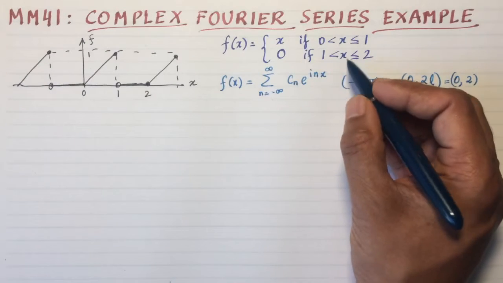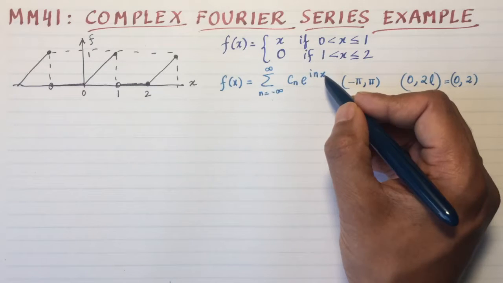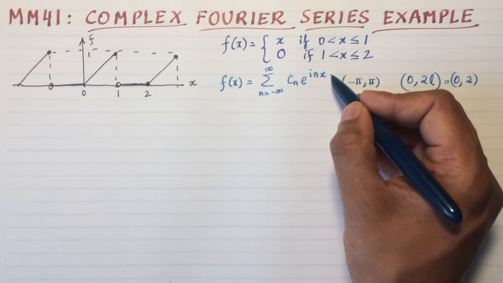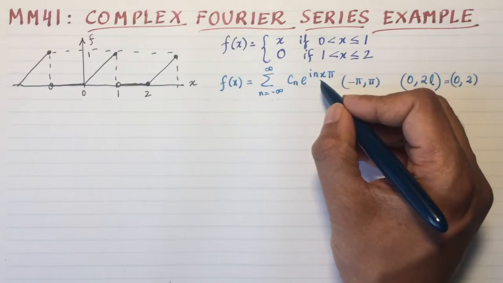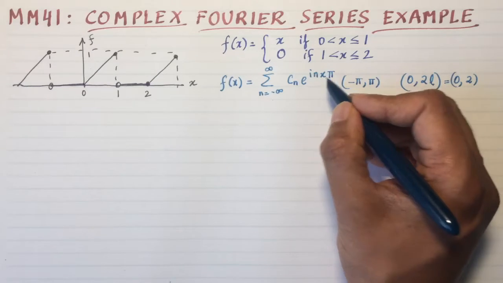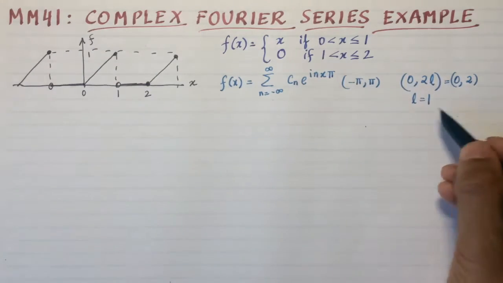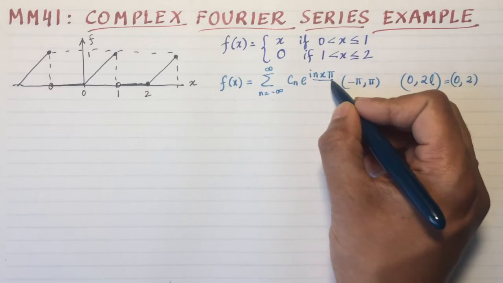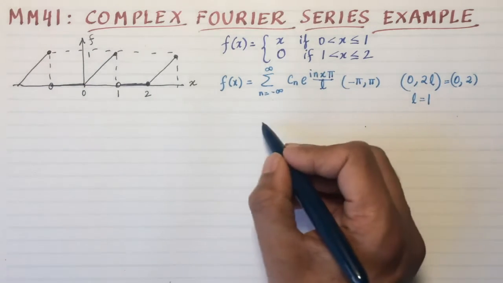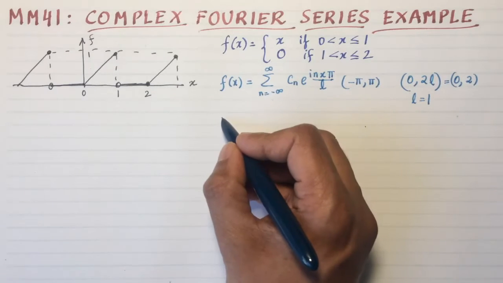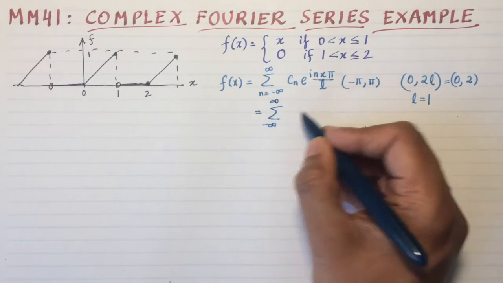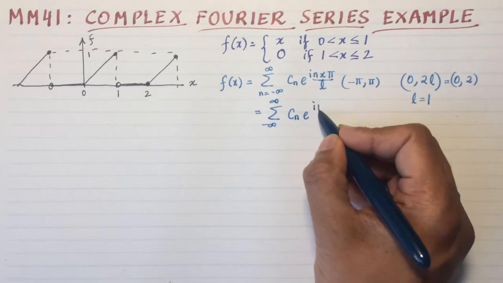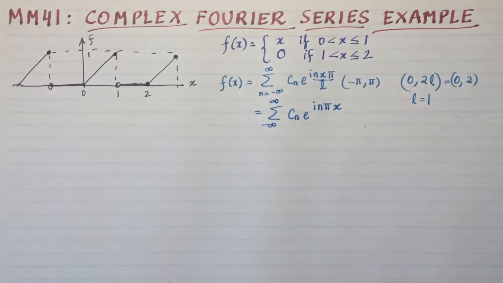In that case, you're going to have e to the i n pi x over L. Since L is equal to 1, this gives me the sum from minus infinity to infinity of Cn e to the i n pi x. So that's the form in which we need the series to be written.